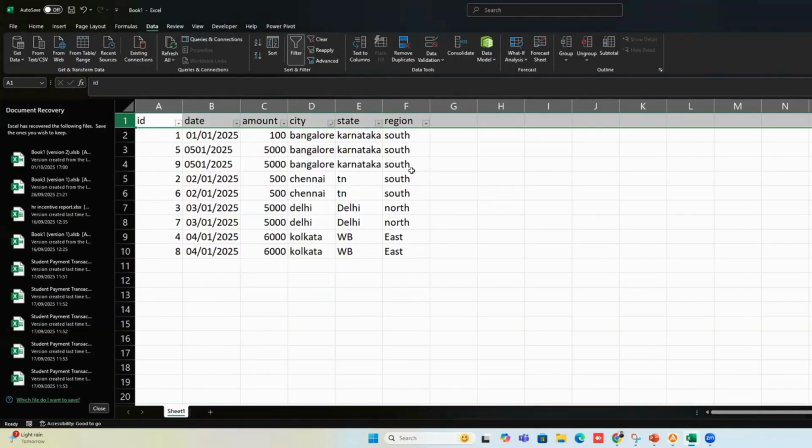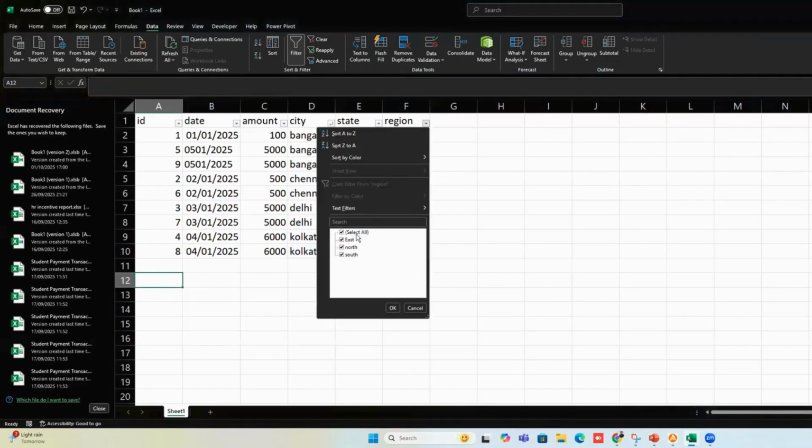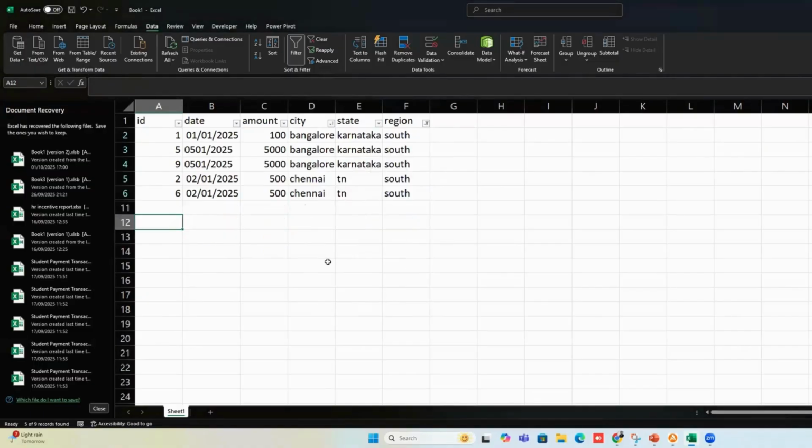Why group them? Now, if you see, everybody is together now. They're all sitting together. Now, when I take the sales by region, I will select South. Now I got total sales by region.